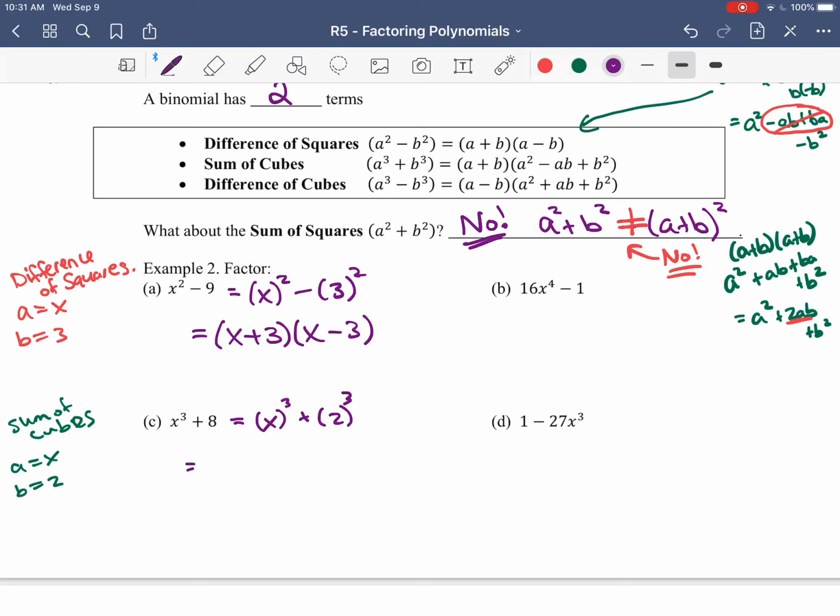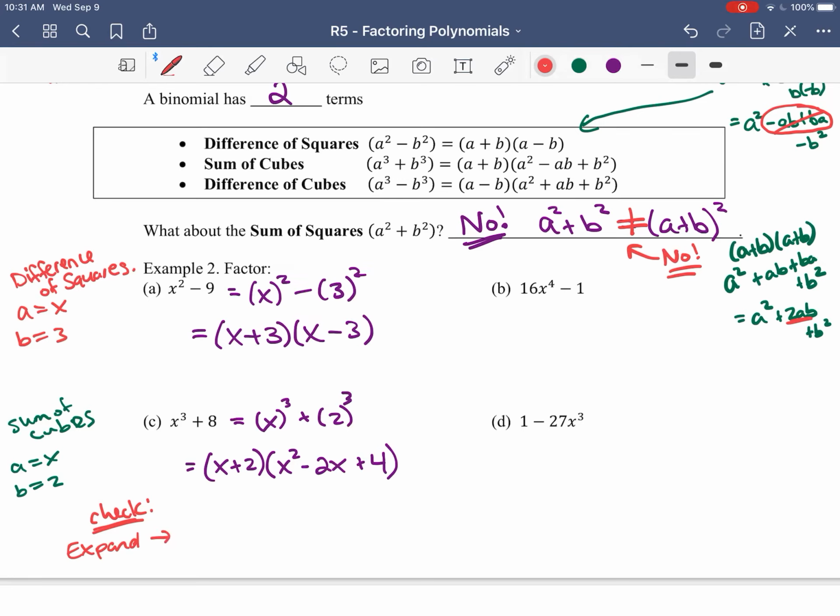So I can just plug that in. So this is going to be x plus 2 times x squared minus 2x plus 2 squared, which is 4. Okay, now if you want to check that this is true, we can expand it out.